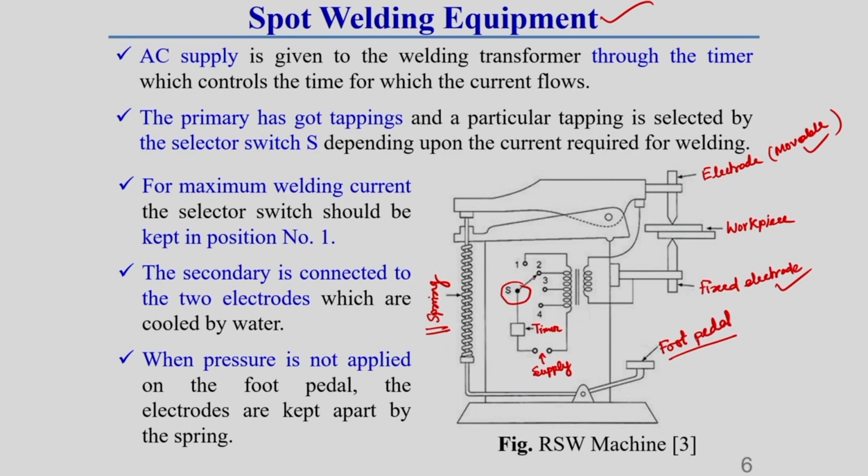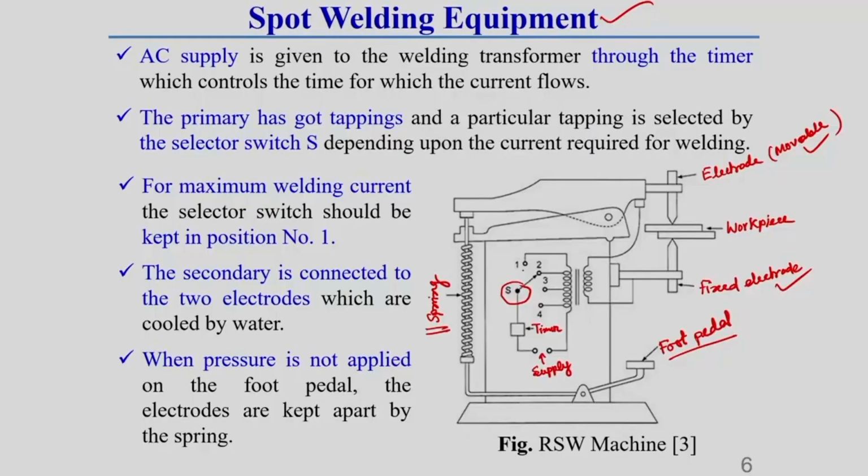If this tapping switch S is connected to 1, at that time generally maximum power or maximum current can flow through the circuit. Now, if this tapping switch changes position from 1, 2, 3, 4, it means the current carrying capacity gradually decreases. So, depending upon its position we can increase or decrease the current, but from this figure you can see when this tapping connector is connected with position 1, at that time generally maximum current is flowing. This you just keep in mind.